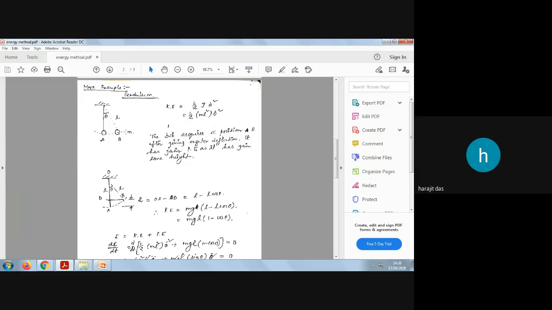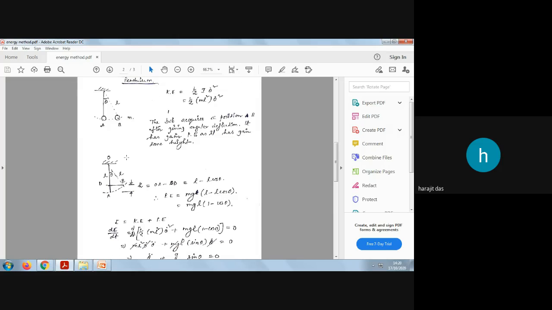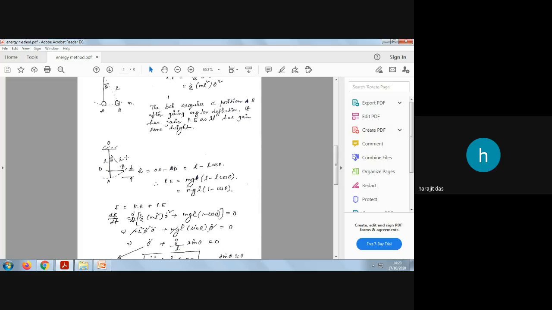Point B is somewhat lifted on the upper side compared to A, means it will be lifted when it gets deflected a little bit. So you can measure that height by which it is lifted.